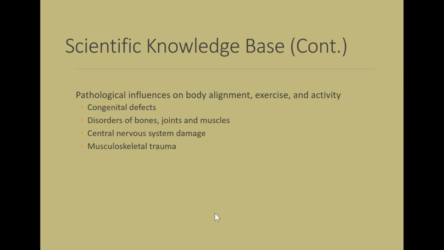Okay, scientific knowledge base. Pathological influences on body alignment, exercise, and activity could include things like congenital defects. Congenital defects are abnormalities that may affect alignment or balance. For instance, osteogenesis imperfecta is an inherited disorder that affects bones.